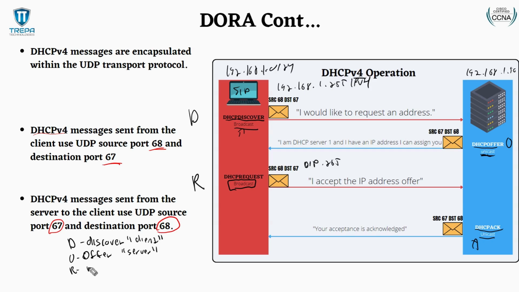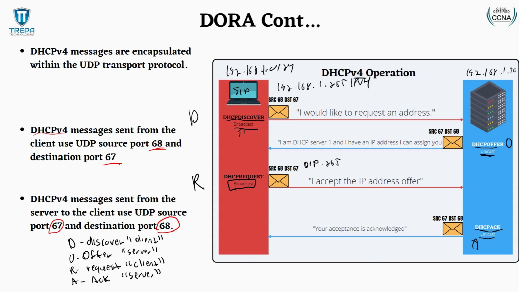R is request, and this is from the client. And then A, acknowledge, I'm just going to put ACK. That is also from the server. So clients and servers do this little dance, they do DORA, and now the client has its IP addressing.